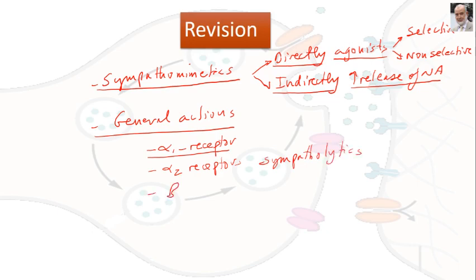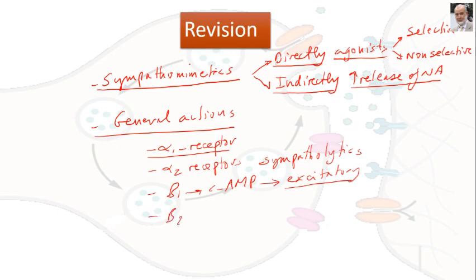Third type, beta-1 receptor. We said that beta-1 receptors are linked to cyclic AMP and they increase intracellular calcium, and they are mostly excitatory everywhere. They are very important in the heart, where they produce acceleration of the heart rate, contraction, and conduction.